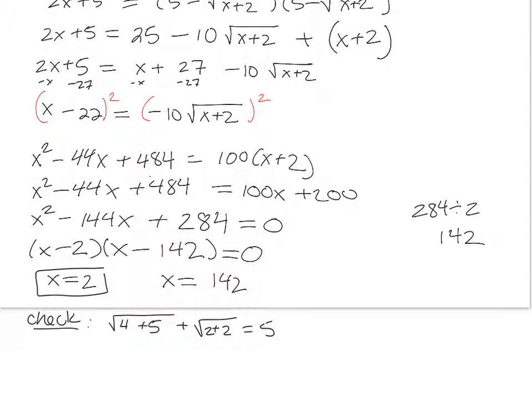When you check 142, holy moly, 2 times 142 is 284 plus root 142 plus 2, does that equal 5? It doesn't take a calculator to tell you that's not going to work. You're going to have humongous numbers equaling 5. No way. So that's not an answer. And I realize that every example I've done has had exactly one of the answers work out. It is not always like that, so don't be fooled.